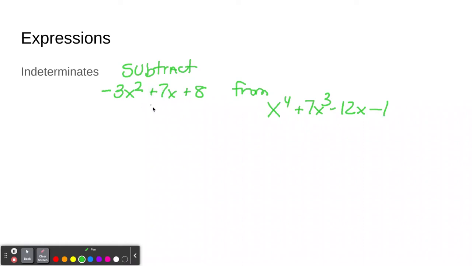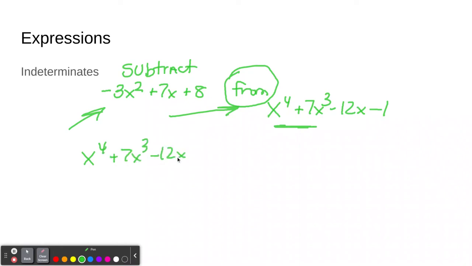When you want to subtract this from that, that means that comes first. The key word is from. So you're doing x to the fourth plus 7x cubed minus 12x minus 1 minus that. So again, when you see a word problem that says subtract this from that, after the from is the expression that comes first.